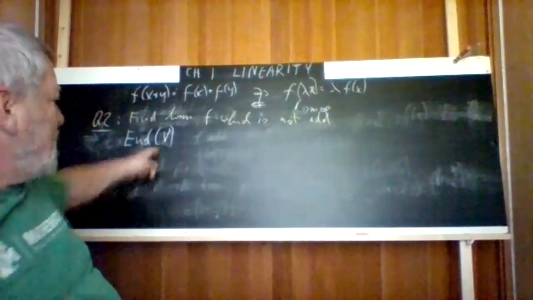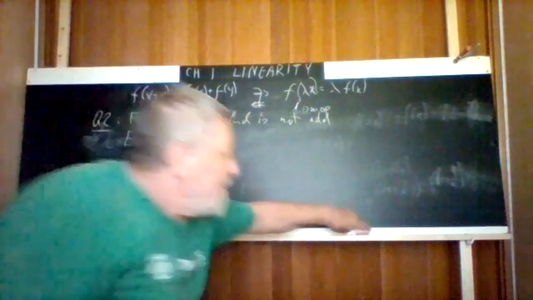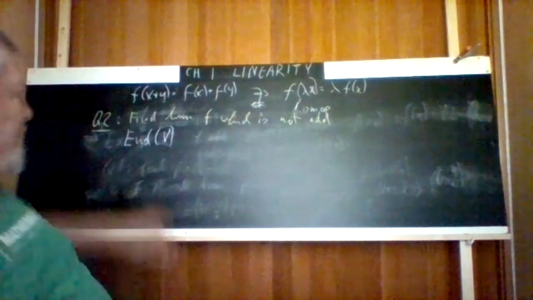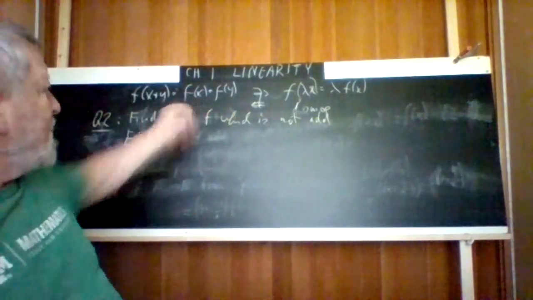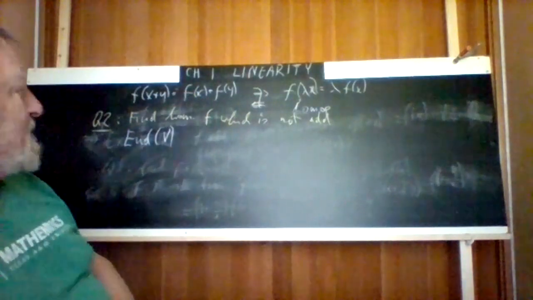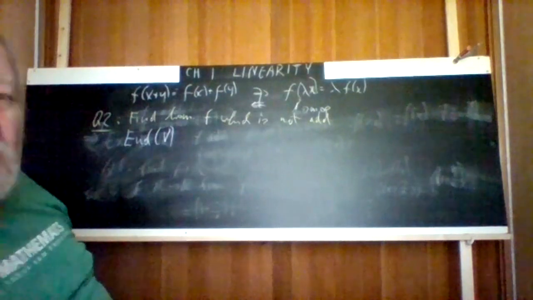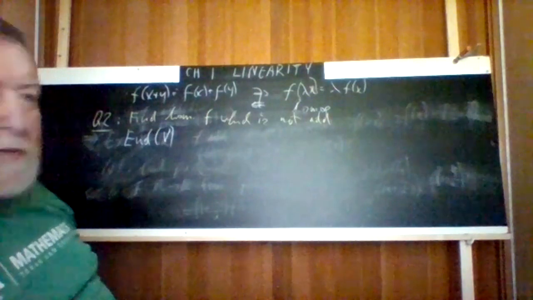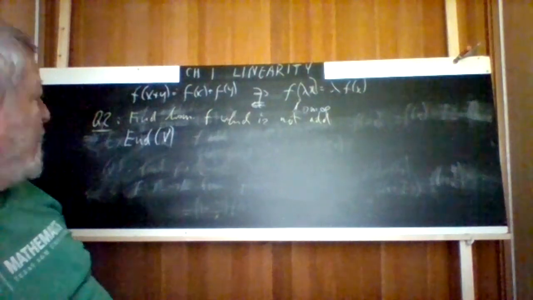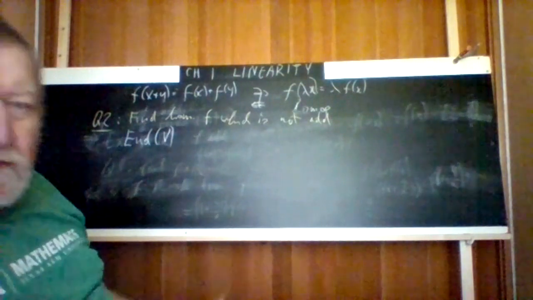And if you look at this, there's not much about being a vector space here, because in this case of linearity, the additivity has nothing to do with this lambda on the right-hand side. And so you can forget about the fact that V is a vector space. All you need is a group.